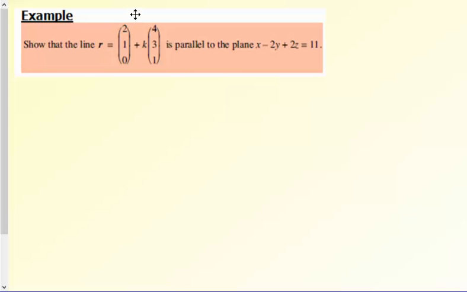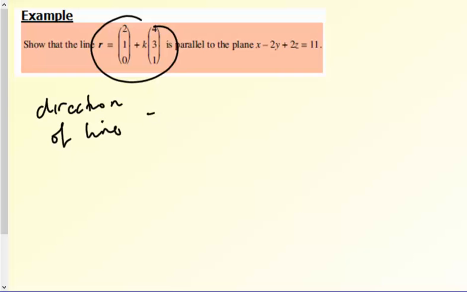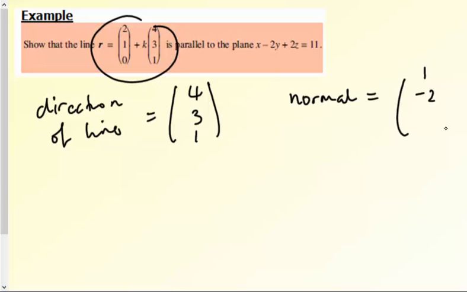So the line has got direction (4, 3, 1), and the plane's normal is 1, -2, 2.